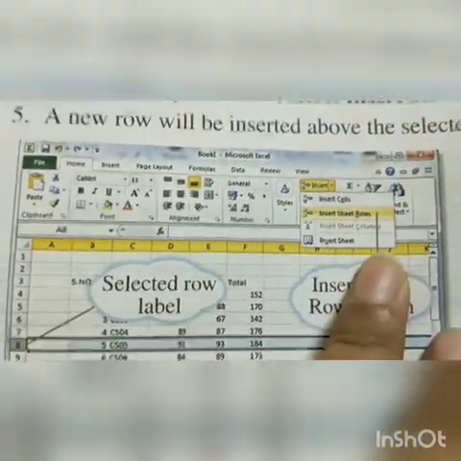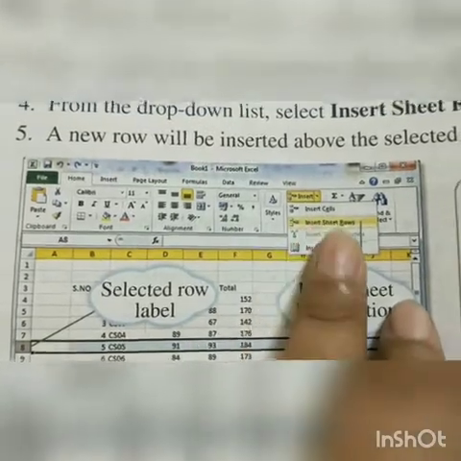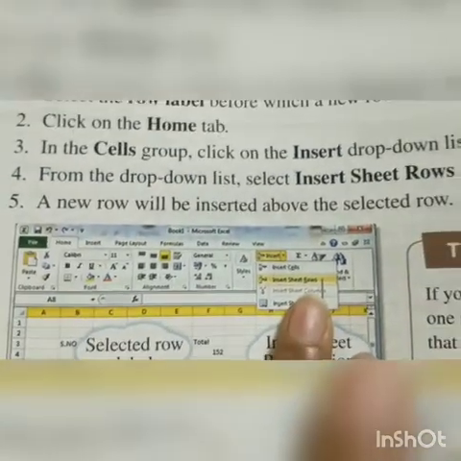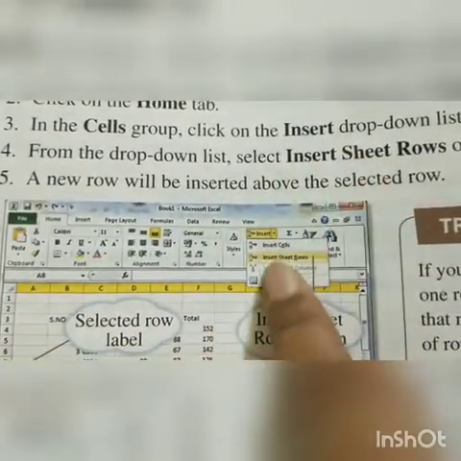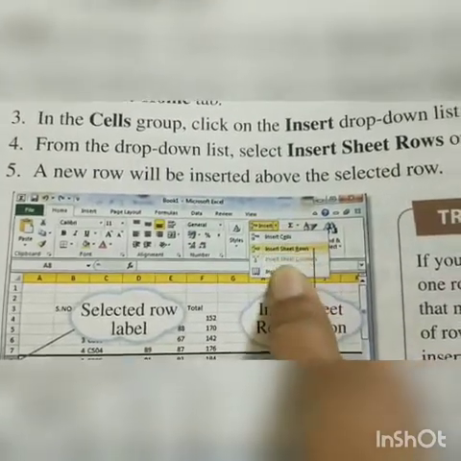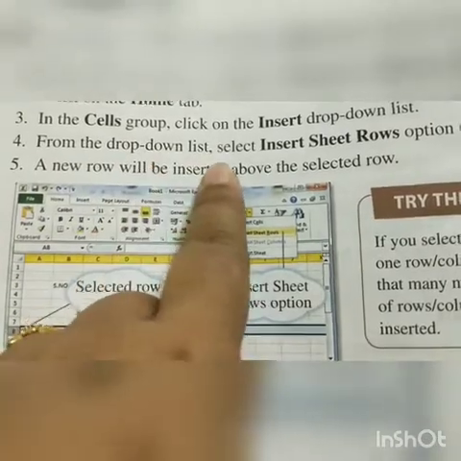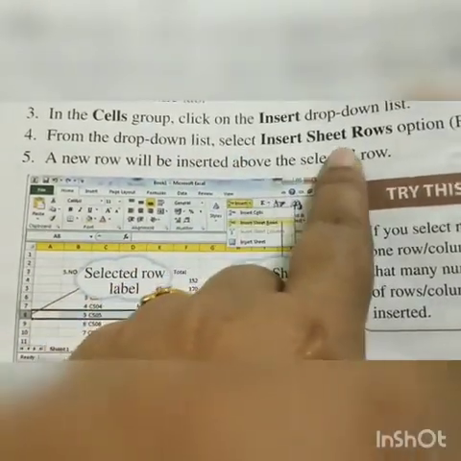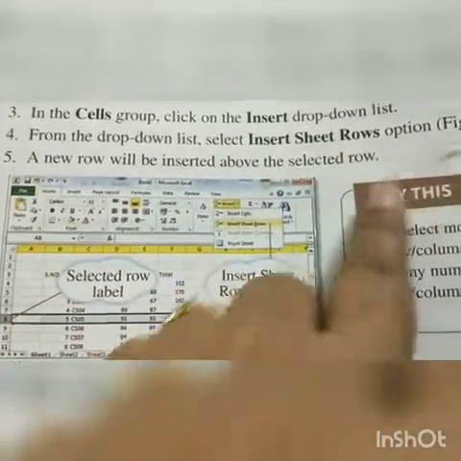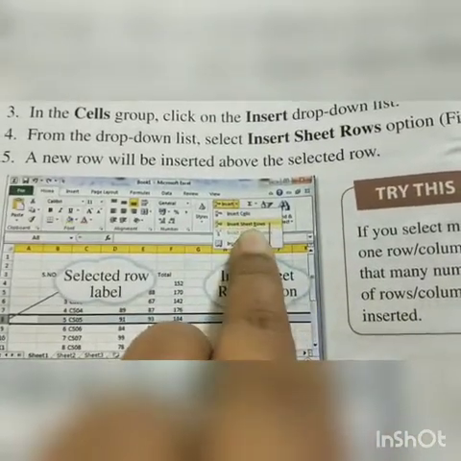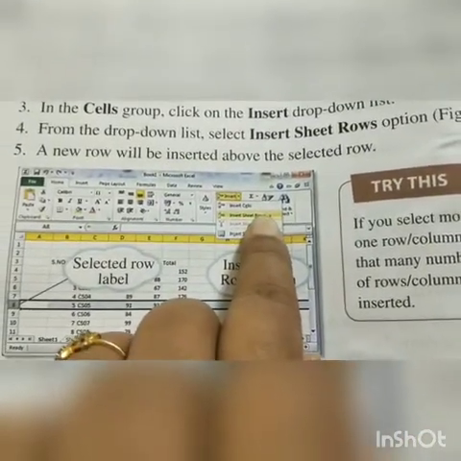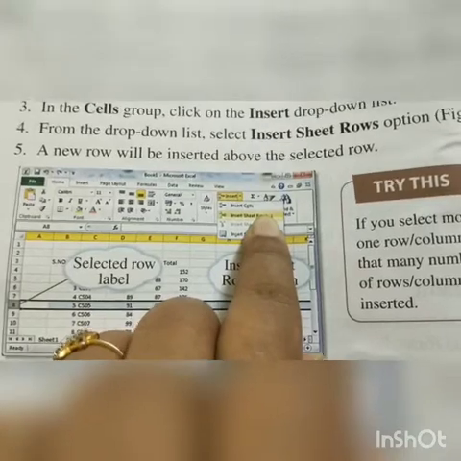Here you can click on Insert. You will get the Insert drop-down list. Okay. From the drop-down list, select the Insert Sheet Rows option. So here this is the Insert Sheet Rows option. Okay, you have to select that.